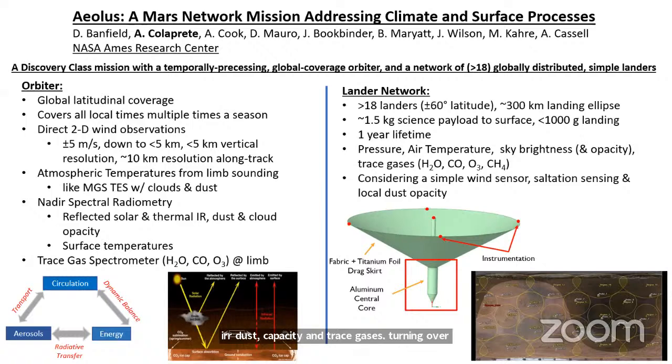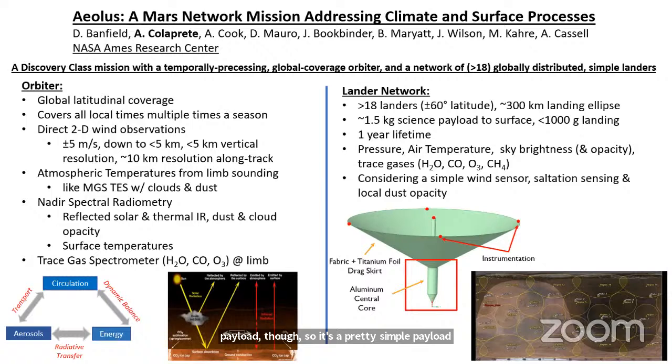Turning to the lander networks, which might be more interesting to the folks here. These are relatively simple landers with a pretty big landing ellipse, 300 kilometers, with access to plus or minus 60 degree latitudes. The total science payload is 1.5 kilograms, so it's a pretty simple payload: pressure, temperature, sky brightness, some trace gases.